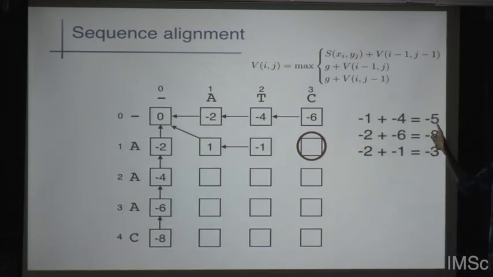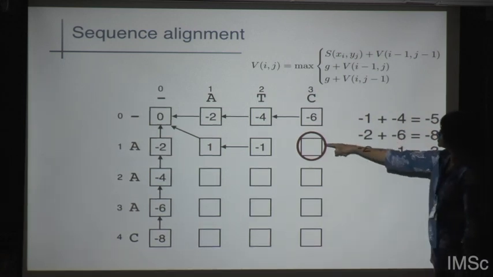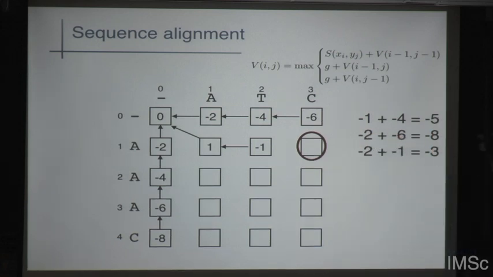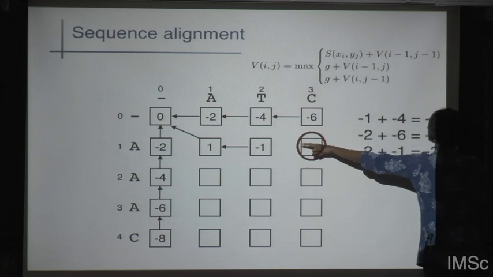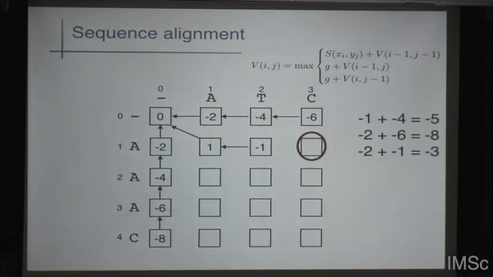So it's either minus 5 because C is different from A, or it is minus 2 plus minus 6, which means your A is aligned with a gap, or it comes from there, which means your C is aligned with a gap. And so you get a minus 3, which is the minimum. Just telling you to go there. Mistake? Is the max? Did I say minimum? Sorry, I mean the maximum is minus 3.